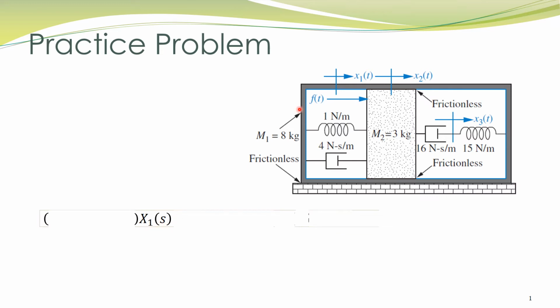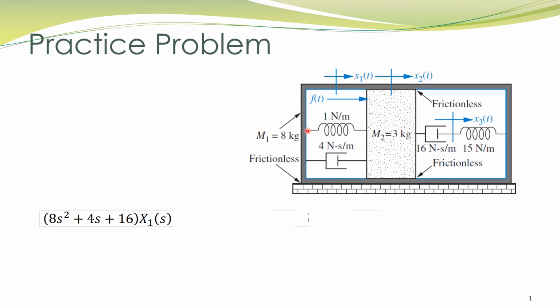So if we look at this displacement x1, which is the displacement of this structure, what are the impedances connected with it? The impedances are the impedance of this mass, that is m1 s square, in this case 8 s square. The other impedance connected to this displacement is the mechanical impedance of this viscous damper, which is 4s, 4 multiplied by s.